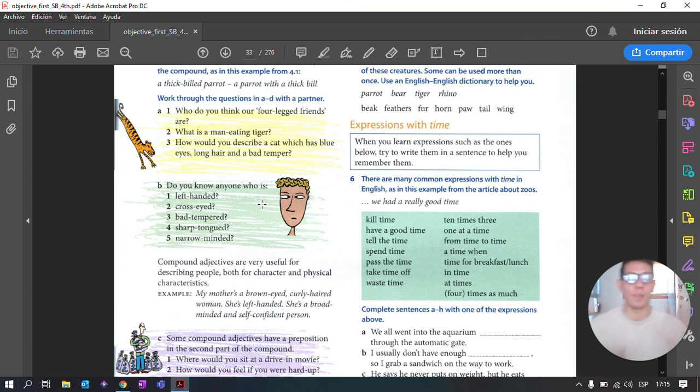You write with your right hand. Sharp-tongued is a person, for example, Moria Casán. Moria Casán is a sharp-tongued person, tiene como la lengua filosa. She doesn't mind saying things about people.